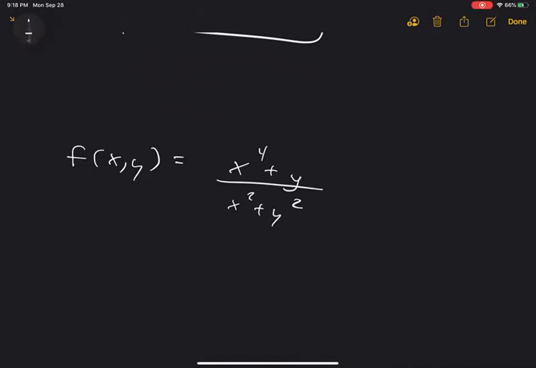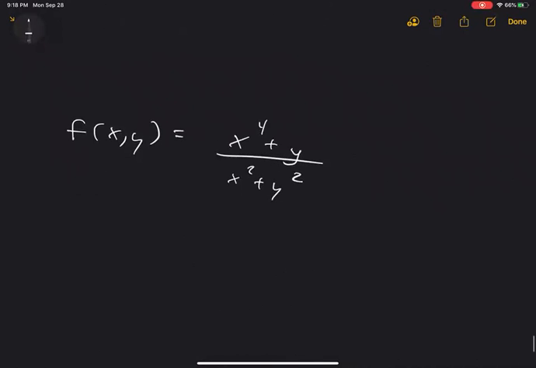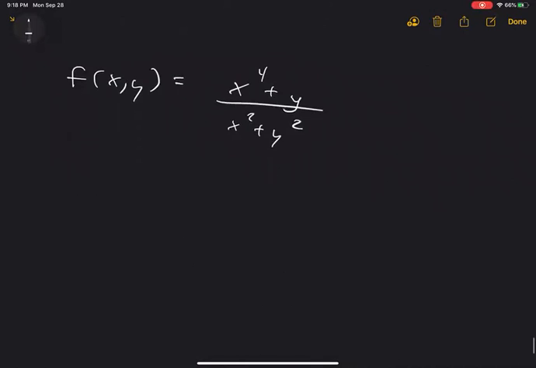So let's say this is my multivariable function: x to the fourth plus y over x squared plus y squared. And I'm asked, what is the limit of f(x,y) as (x,y) approaches, how about (2,1)?